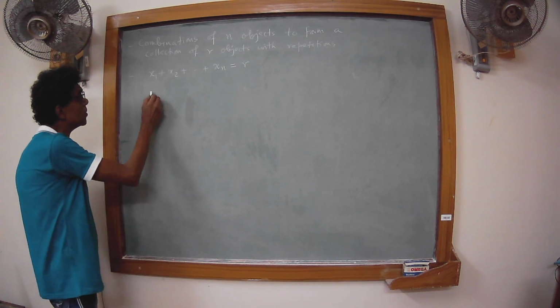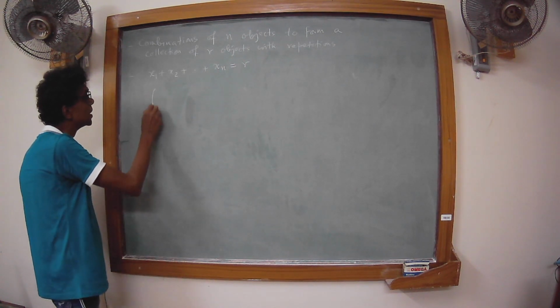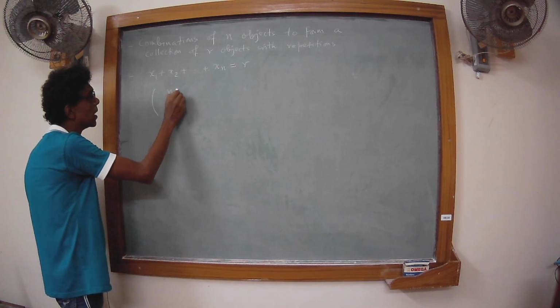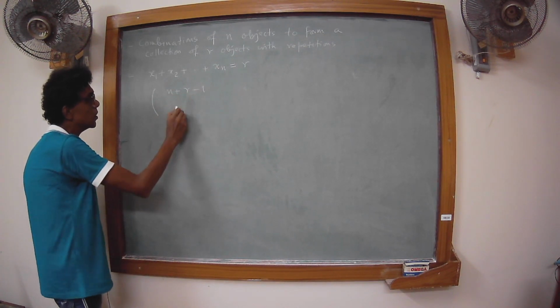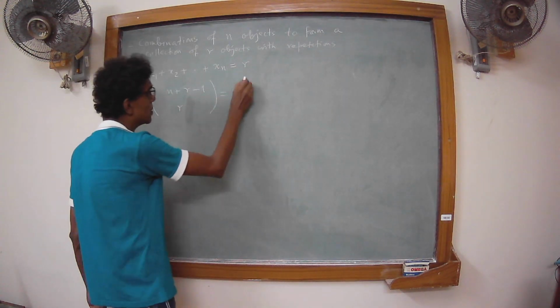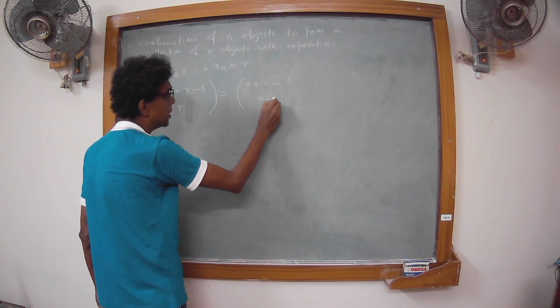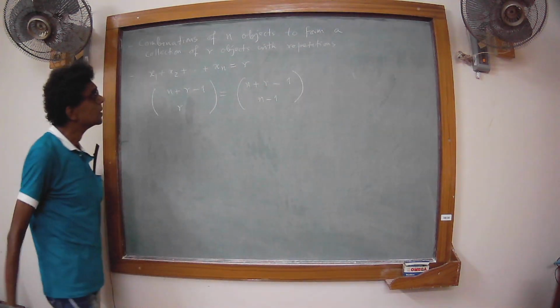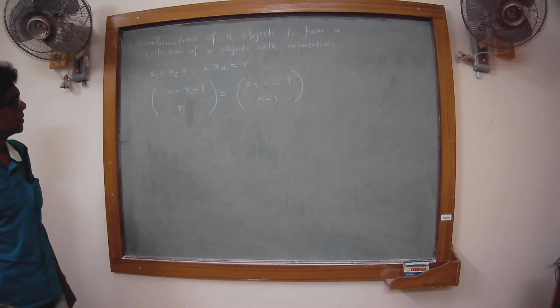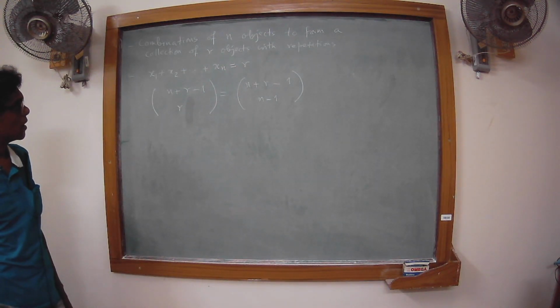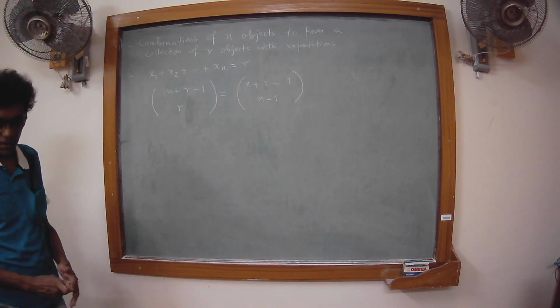So we have seen that in both the cases, the count is n plus R minus 1 choose R, or n plus R minus 1 choose n minus 1. Let us see a couple of applications of this result.